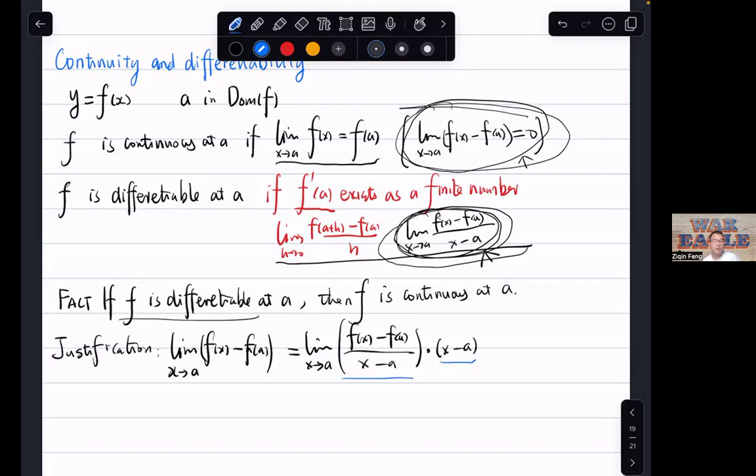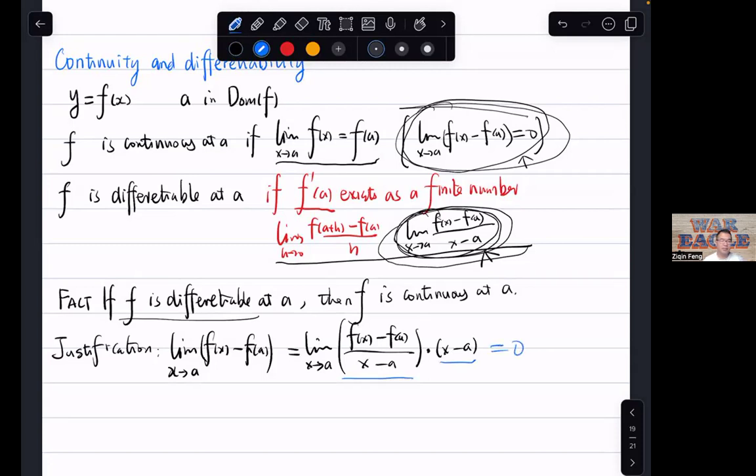If the first factor went to infinity, you wouldn't know anything, but by our assumption the first factor goes to a finite number. Any finite number times 0 is 0, so this has to be 0. That's why differentiability implies the function is continuous.